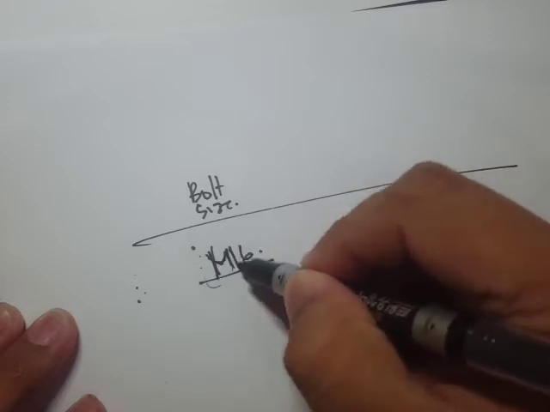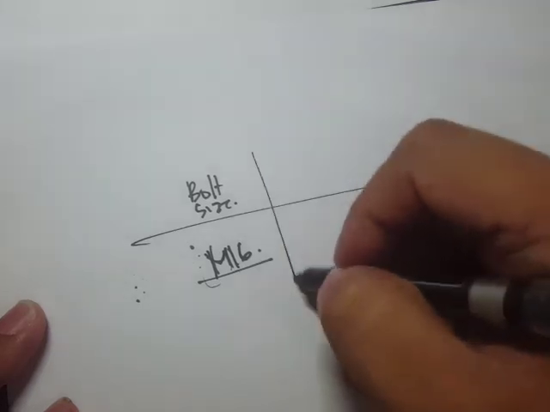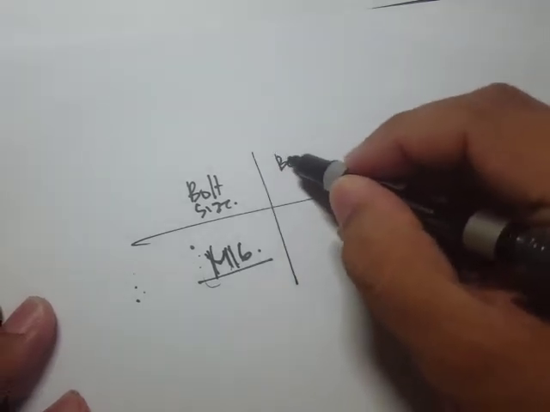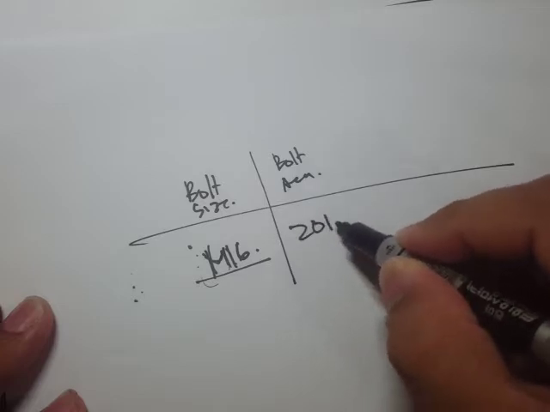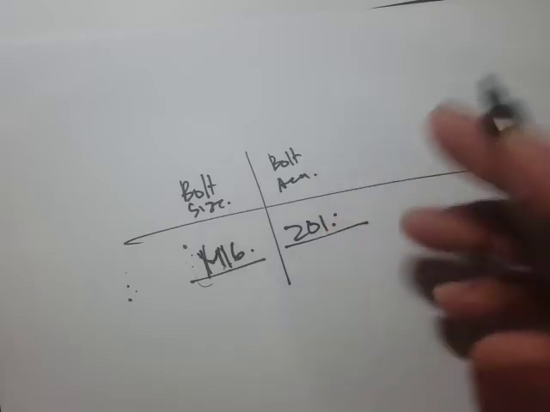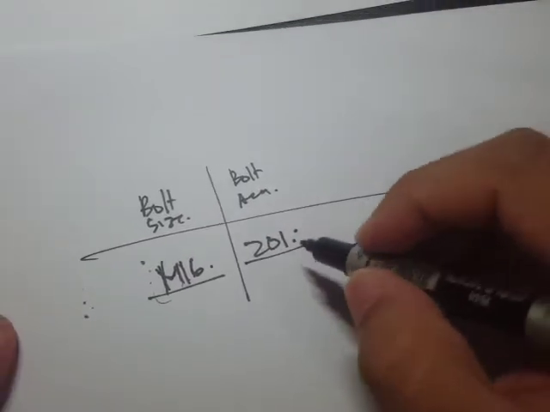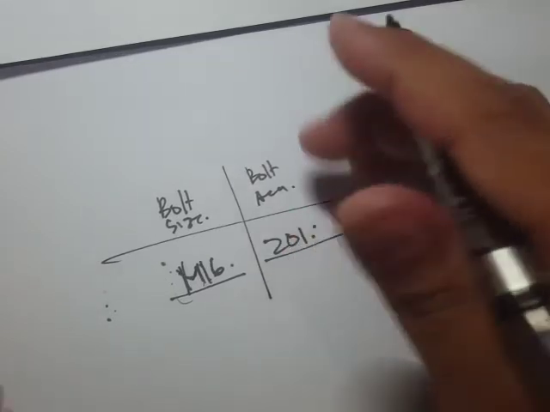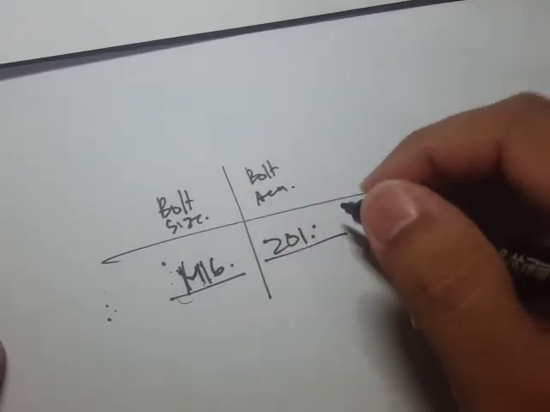M stands for metric designation. Then another column is the bolt area, given, for example, as 201, simply because it's pi d squared over 4. You can also check that.